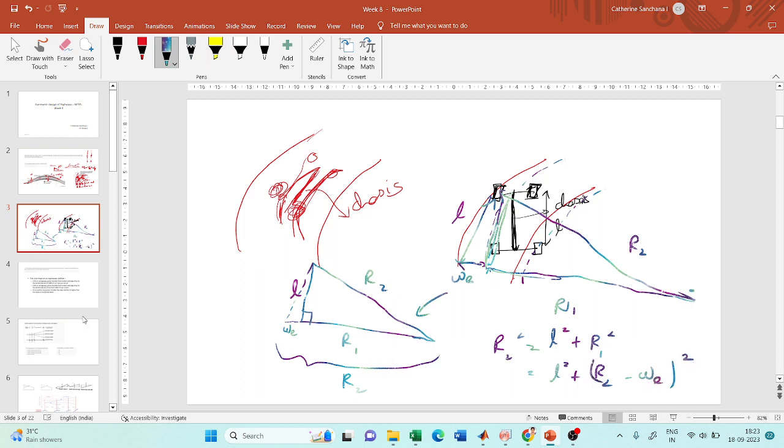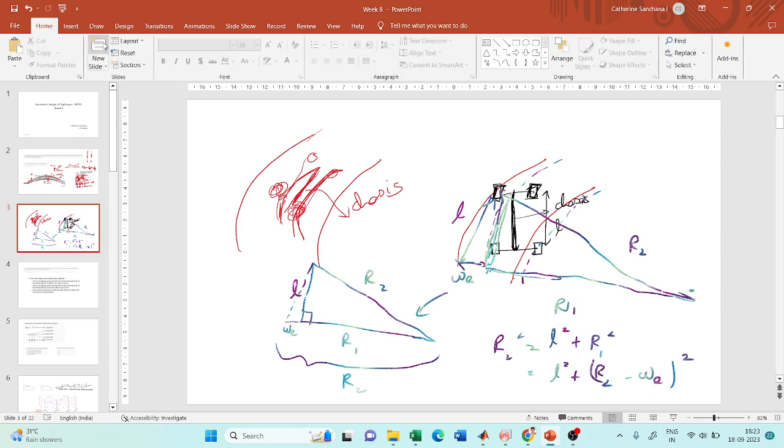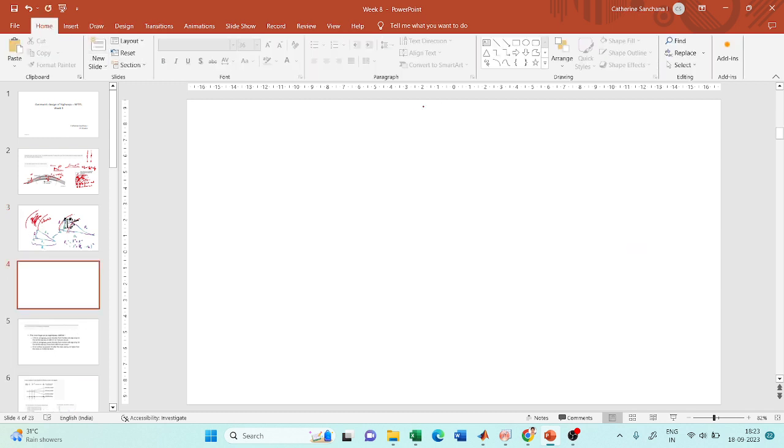Okay, now I'm going to expand it. So R2 square is equal to L square plus R2 square plus WE square minus 2 R2 WE, right?